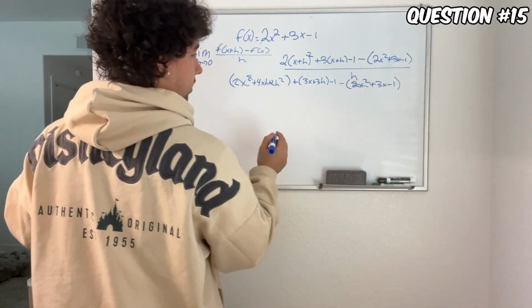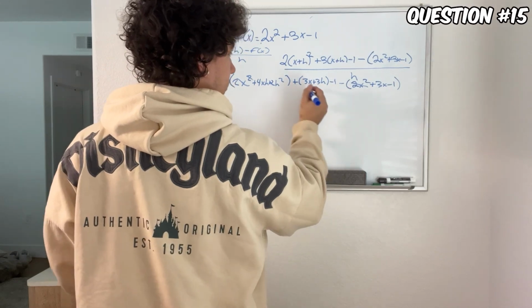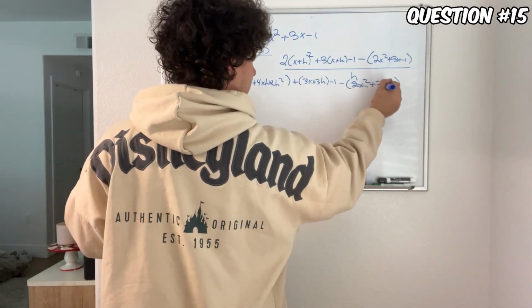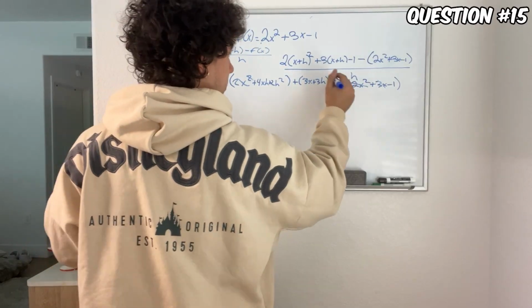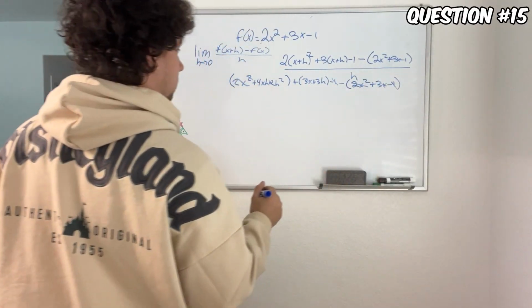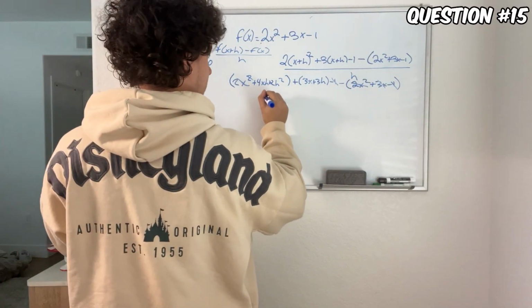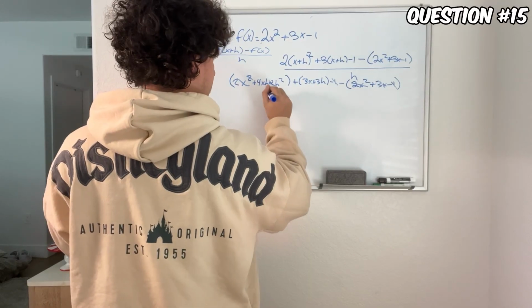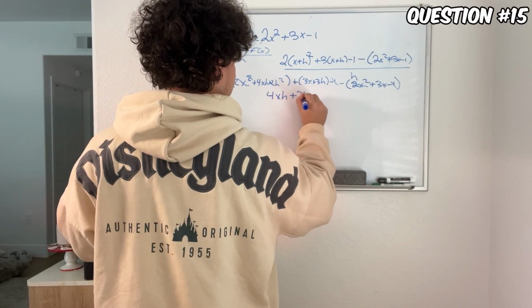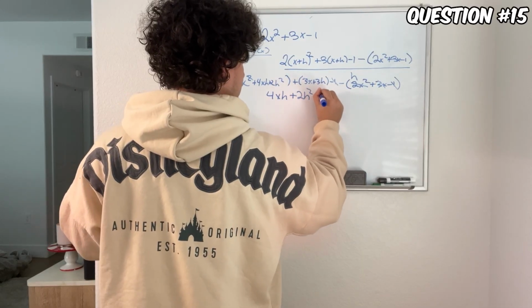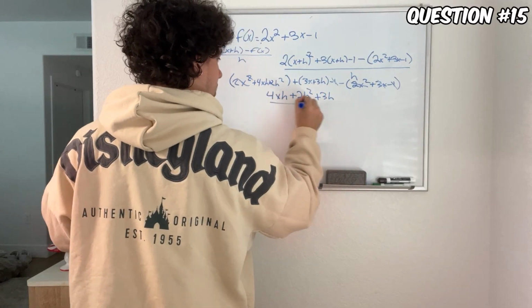I don't have an h squared, that's unfortunate. What about this right here? Well, I have a 3x and minus 3x, those are also going to cancel out. Negative 1 minus negative 1 is the same thing as negative 1 plus 1, so those are going to cancel out. Which leaves me with, it looks like 4xh plus 2h squared plus 3h all divided by h.